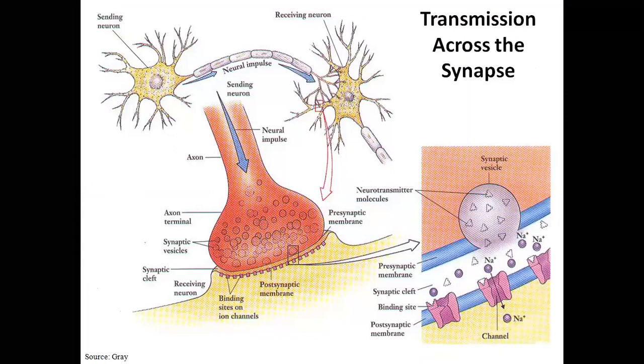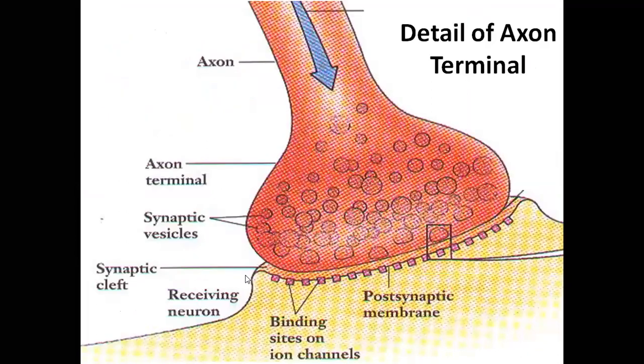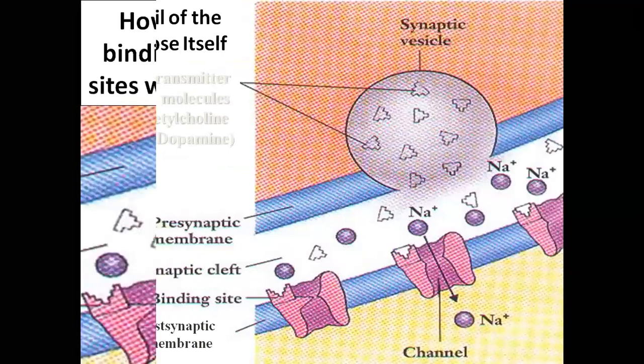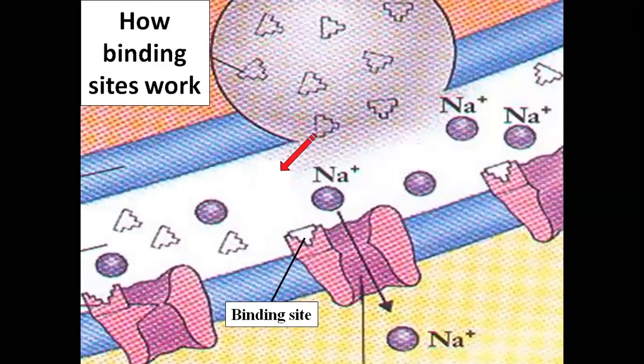So as I said, this is transmission of the nerve impulse from the presynaptic neuron to the postsynaptic neuron. The neurotransmitters, the chemical mediators found in the synaptic vesicles, are released to the postsynaptic membrane, where they bind onto their binding sites. They have special receptors. The neurotransmitter binds and causes Na plus, K plus, and other ions to interfere.